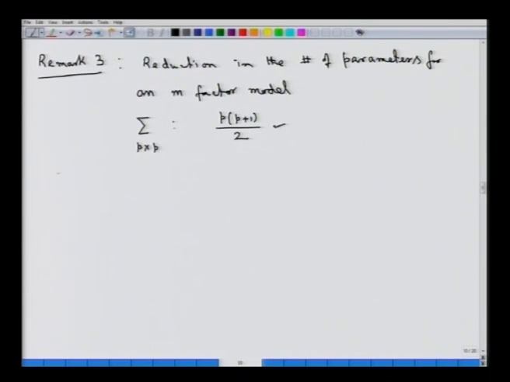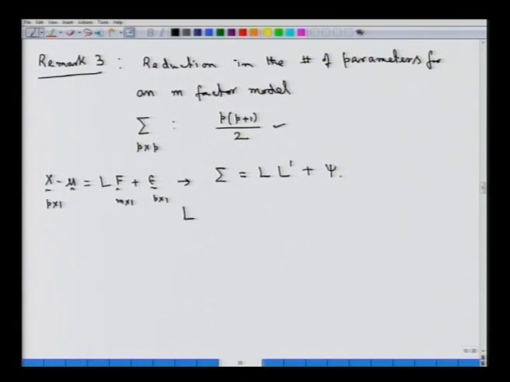Now, suppose I have expressed this x in terms of an m factor model with x minus mu written as LF plus epsilon. This is p by 1, and this F is m by 1 common factors. So, here sigma is to be expressed as LL dash plus psi.